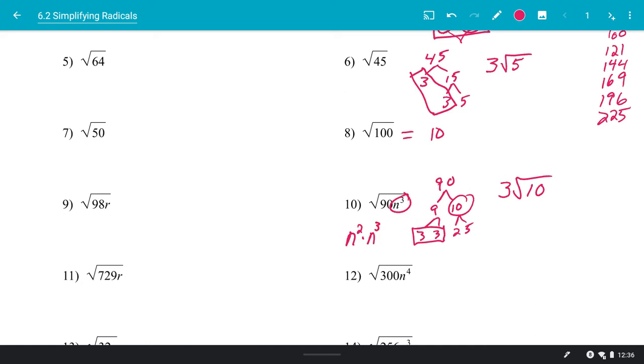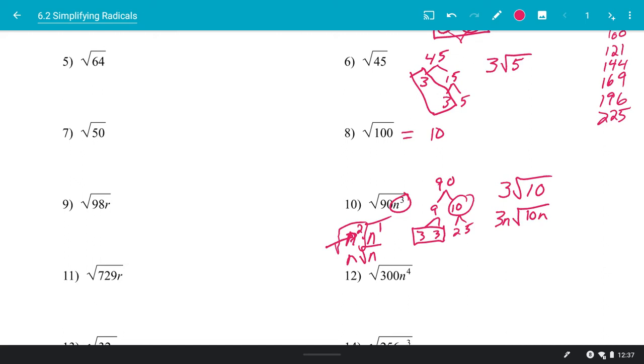That gets me 3 n's, right? And if I take the square root of each of those, I can take the square root of a square, and that pulls out an n. And this one, since it doesn't go in evenly, I just leave it in there. So I have n times the square root of n. So this ends up being 3n times the square root of 10n.